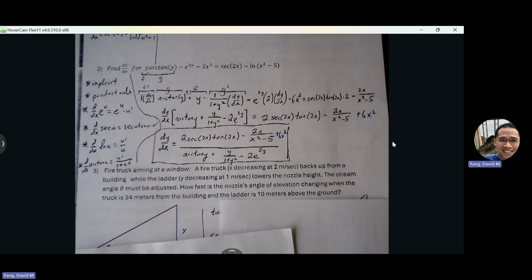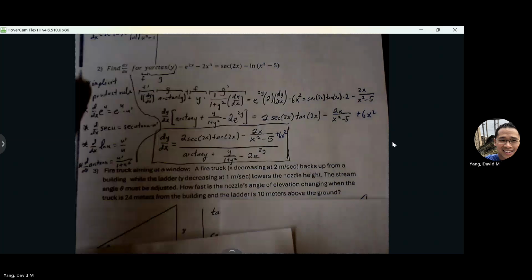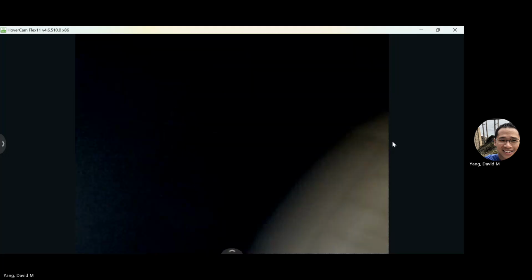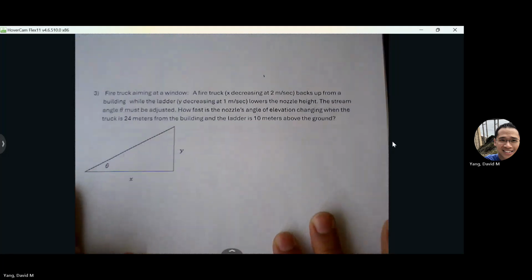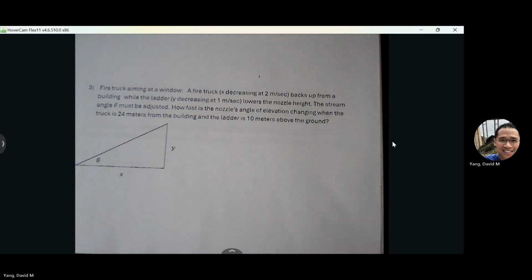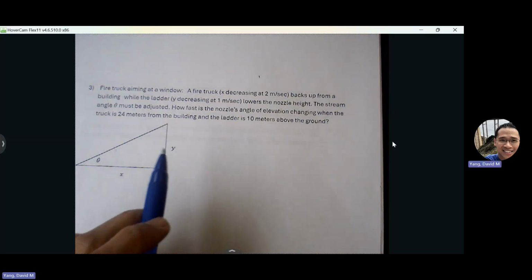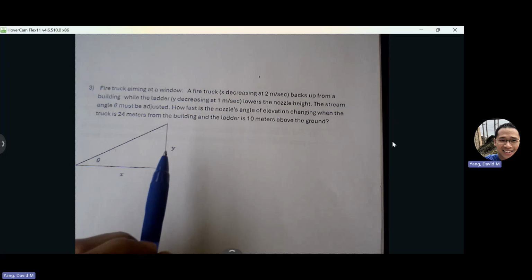All right, number 3, we have a related rates problem. All right, fire truck aiming at a window, fire truck x decreasing at 2 meters per second.